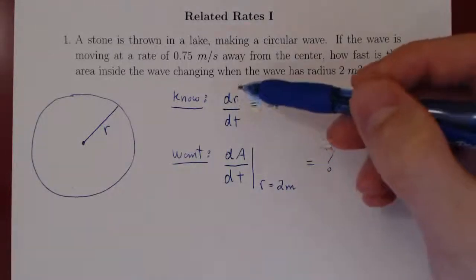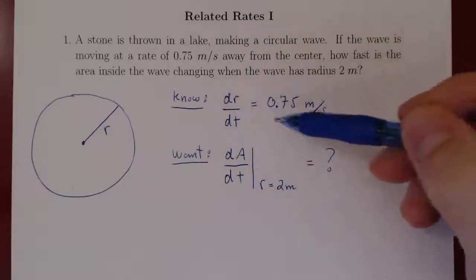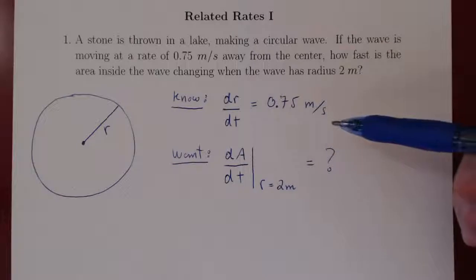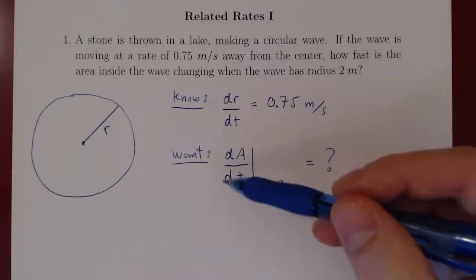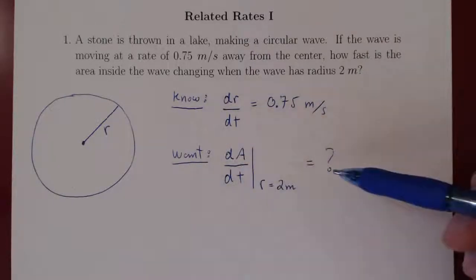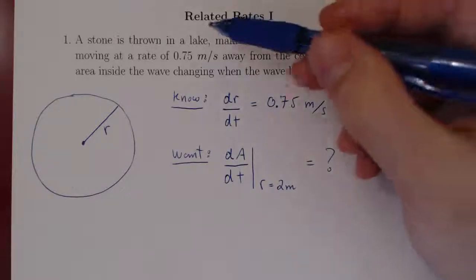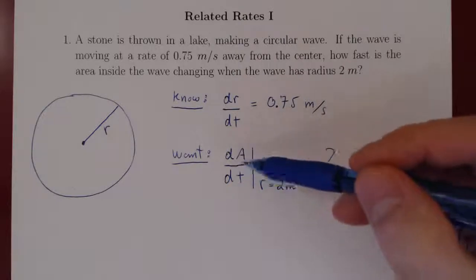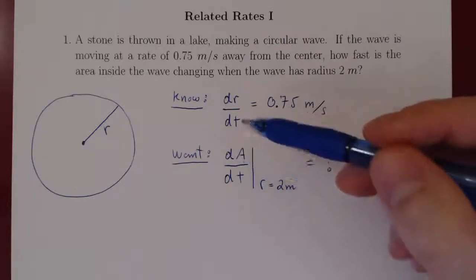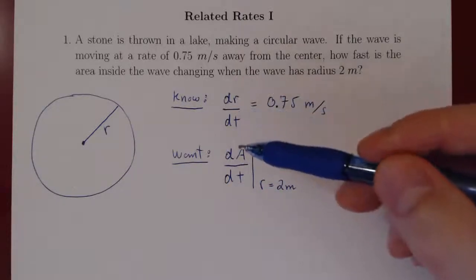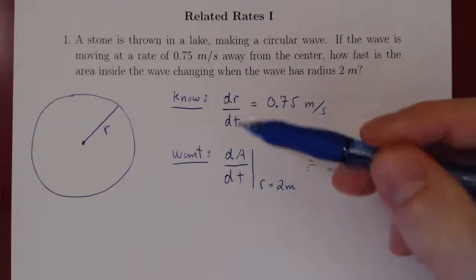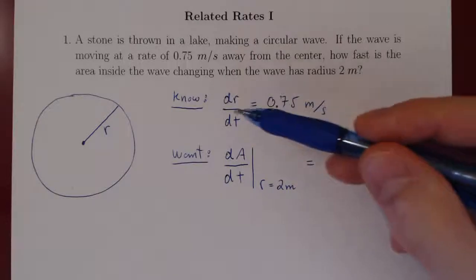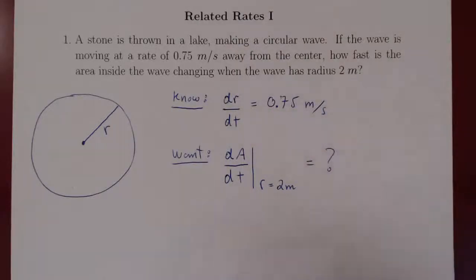We know the rate of change of the radius, a constant positive 0.75 meters per second, and we want the rate of change of the area of the circle. This is when the word related comes in. If you want to know the rate of change of the area, given that you know the rate of change of the radius, you have to relate these two variables together. You have to relate the area of the circle with its radius, and that is the relation.